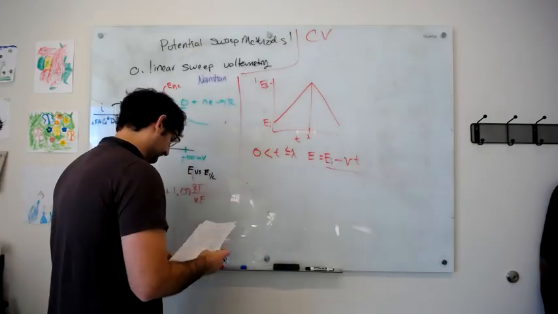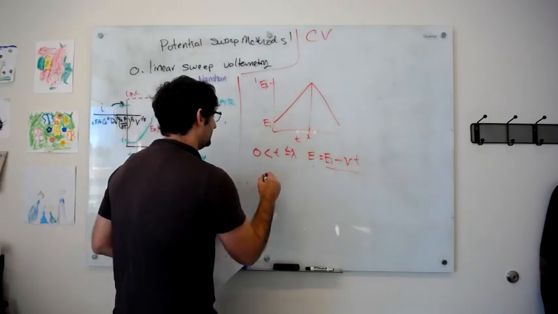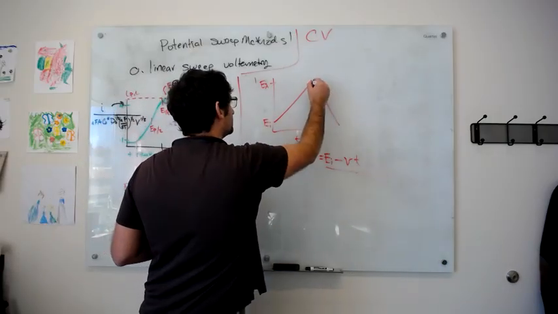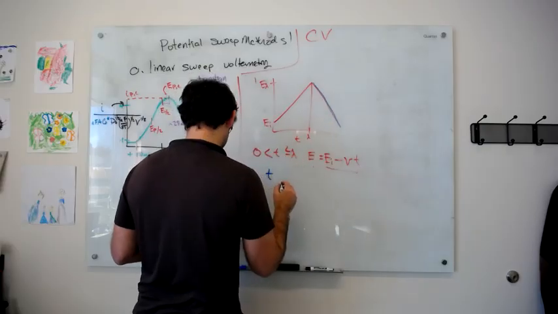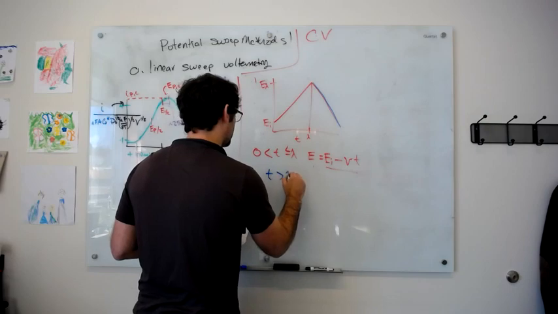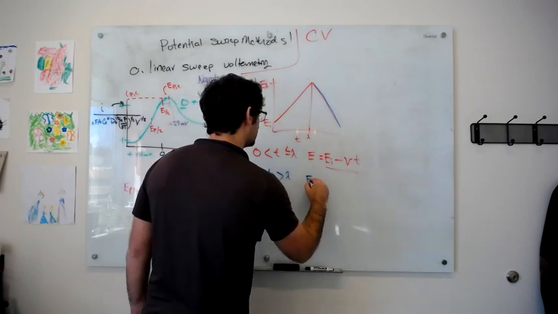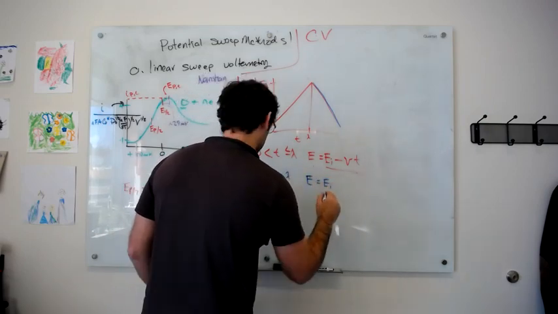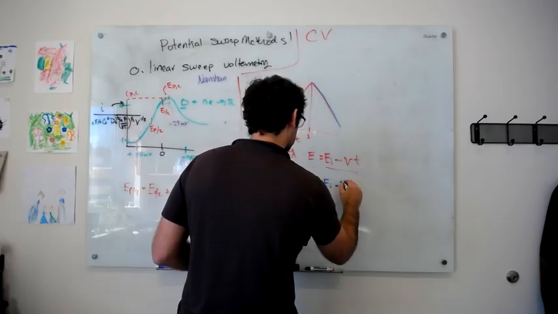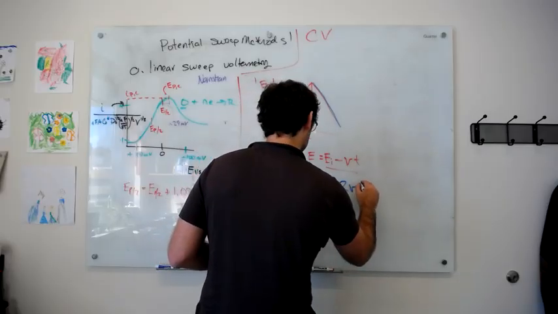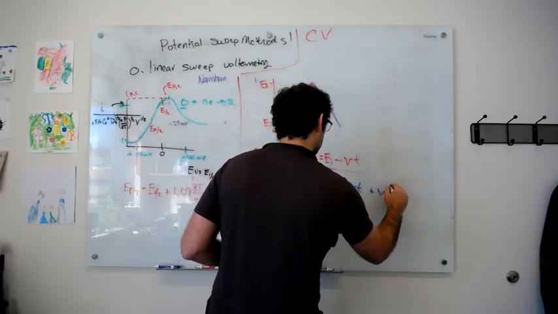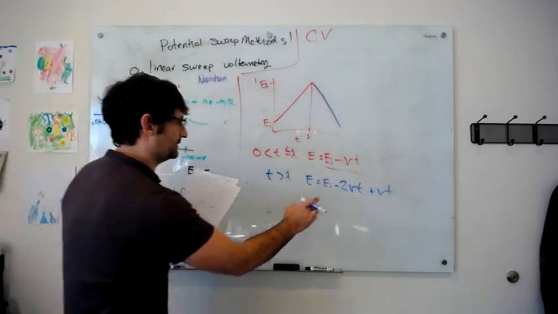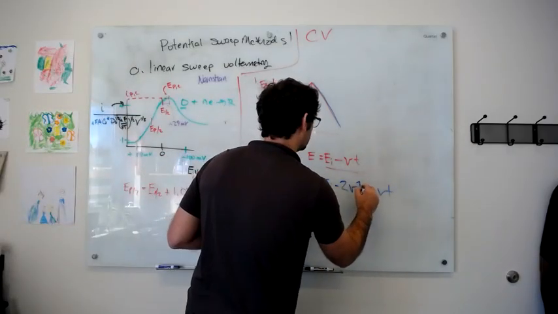And then for t greater than lambda, in blue here, E equals E_i minus 2 v lambda plus v t.